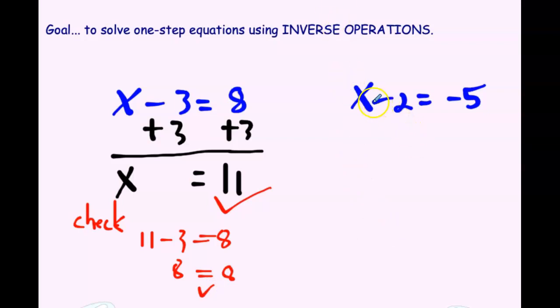So that's x minus 2. We know that the opposite or inverse is plus 2, or positive 2, and you have to do it on both sides at all times to make that equal sign true, or the statement correct, at all times.